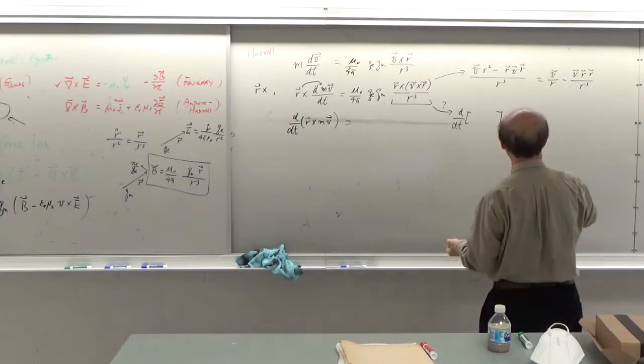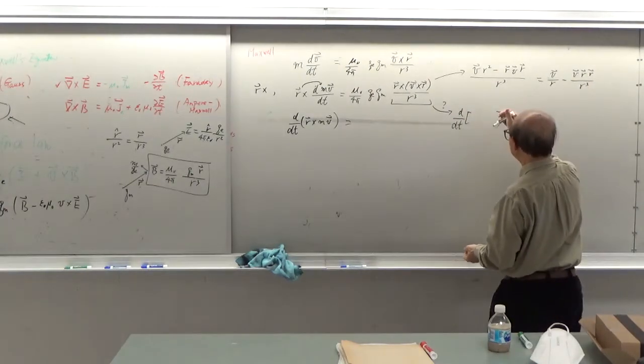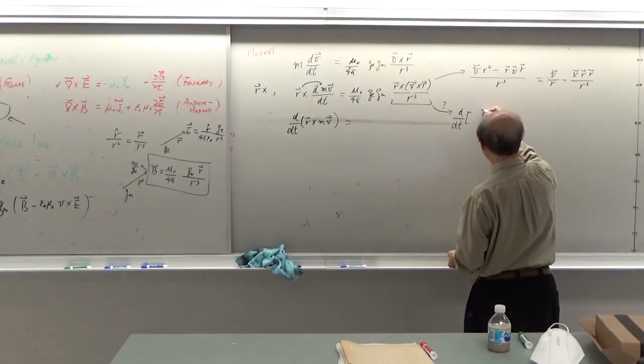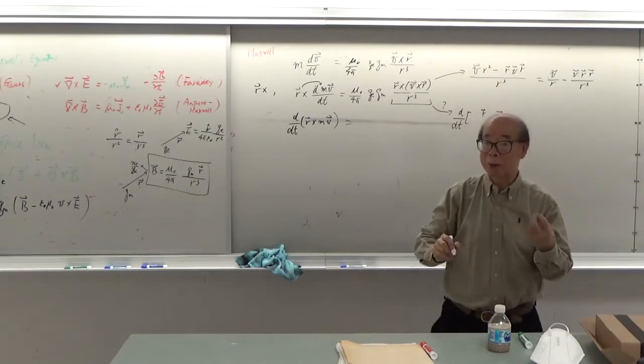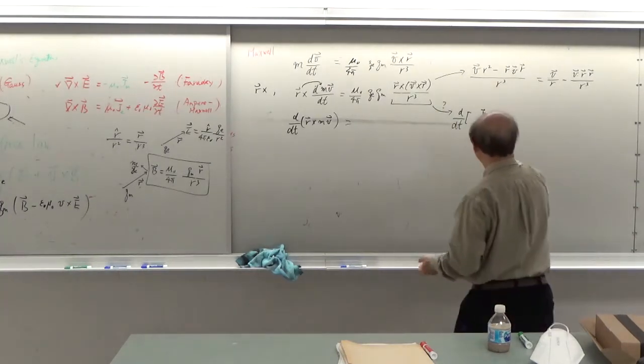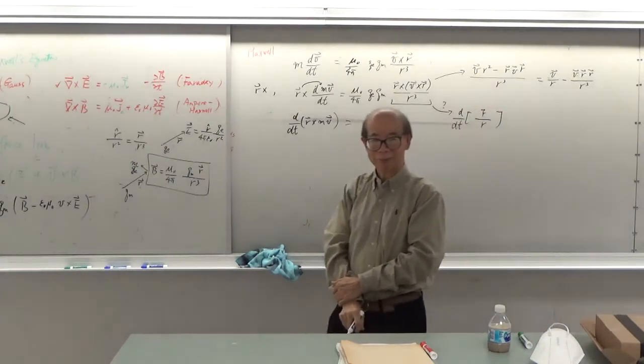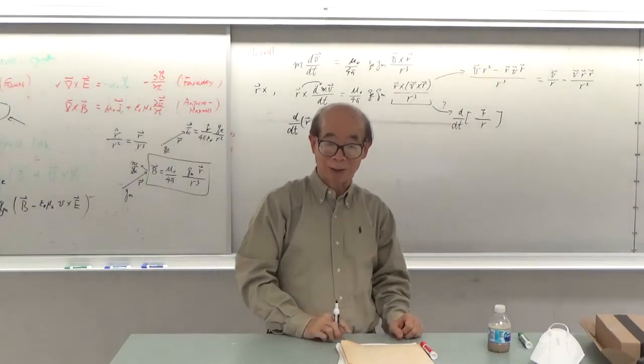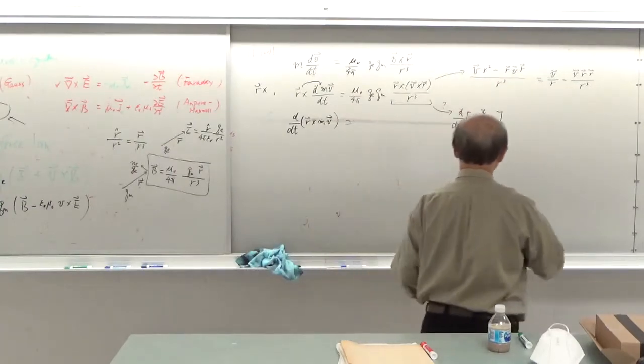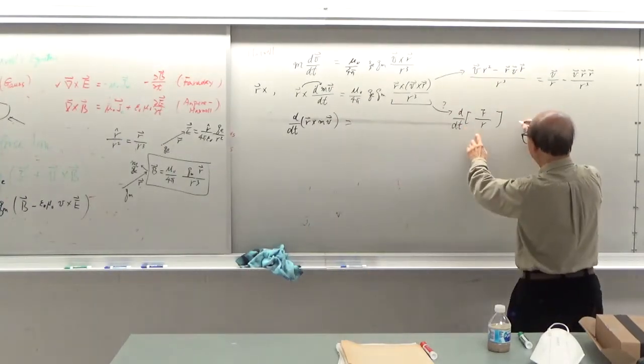Well, that vector had better be r, but it has to be dimensionless. That's easy: divided by its magnitude. That will be dimensionless. Let's check to see if that's correct. It turns out to be correct.